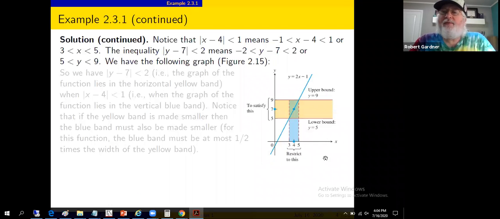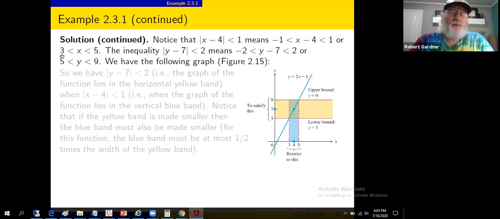Okay, here's a graph. If we can draw graphs, then it makes it more geometric. But here's what's going on, and we'll motivate our definition of limit using graphs as well. The absolute value of x minus 4 is less than 1. Okay, here's 4. That means the x values would have to be between here and here, between 3 and 5.